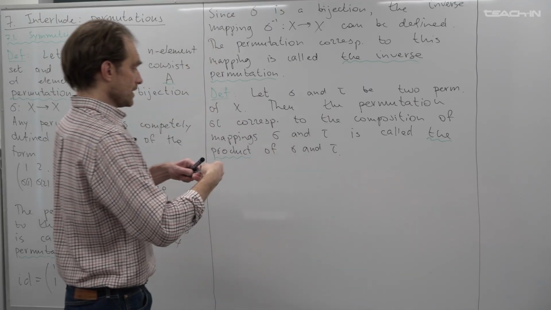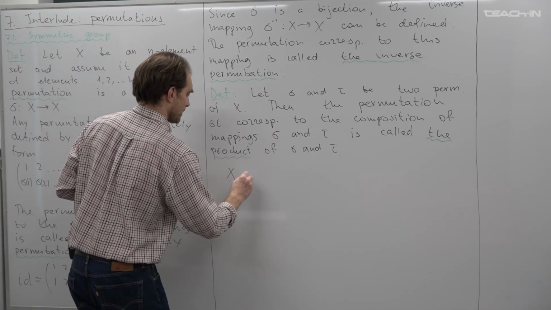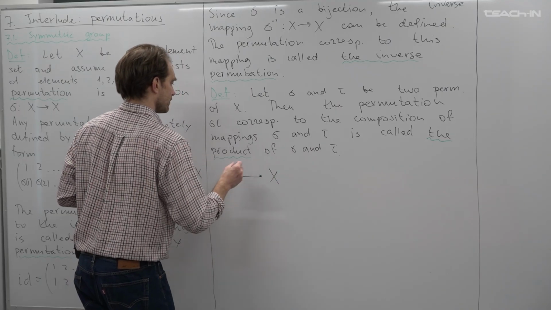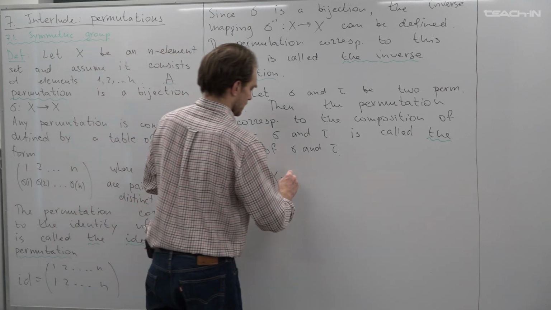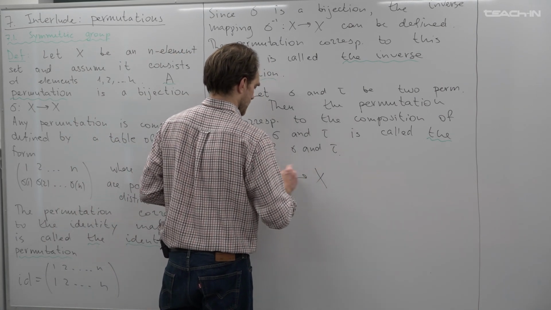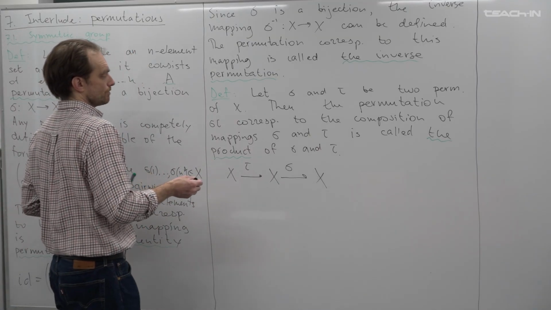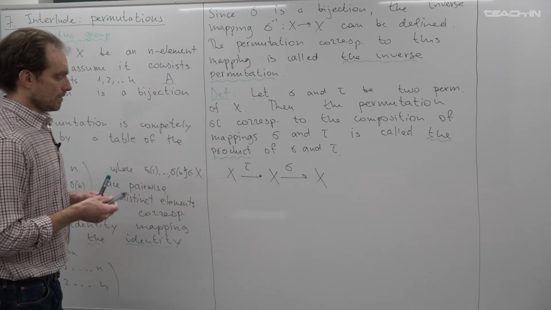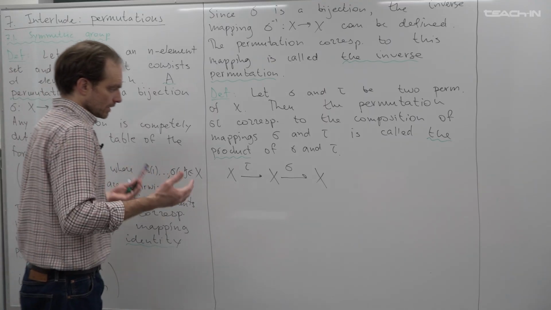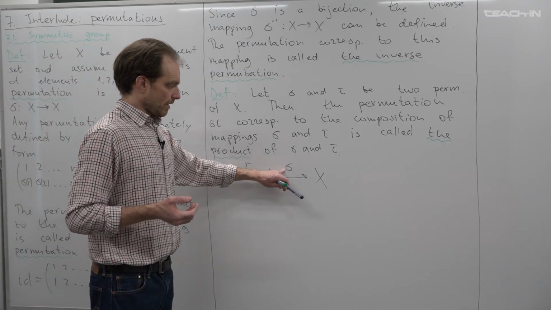So what does this mean? We have one mapping, so tau maps X onto itself, and then sigma also maps X onto itself. So we can consider the composition. When we talk about composition of mappings, this mapping is applied first, and then we apply this mapping.